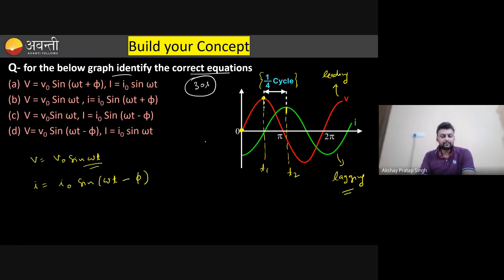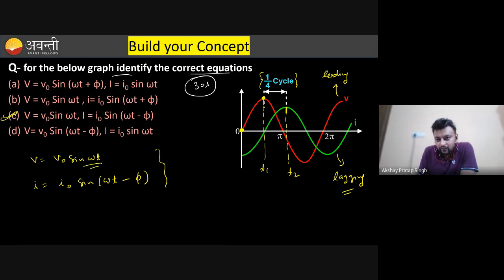They have shown you that the lag is 1/4 of the cycle. In 1/4 of the cycle, how much angle can it form? So your answer is V naught sine omega t and I naught sine omega t minus phi, which is option C. Very good. Kumar is saying pi by 2. Very good, Kumar.